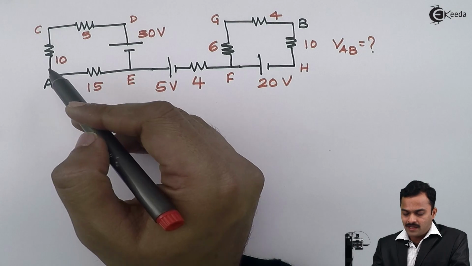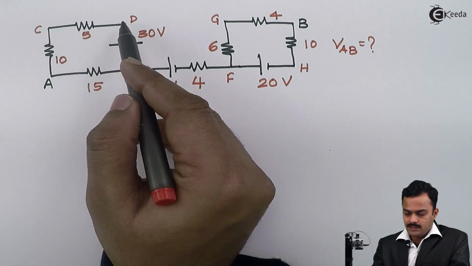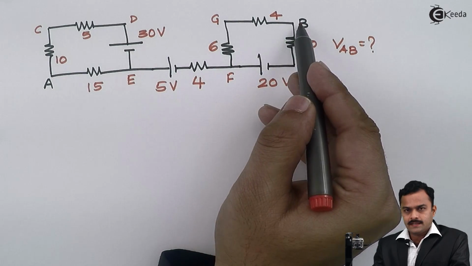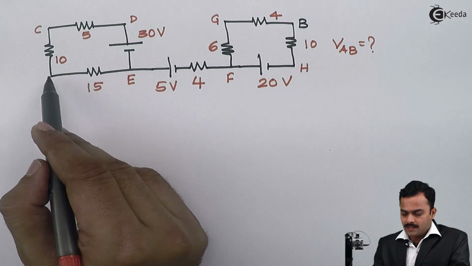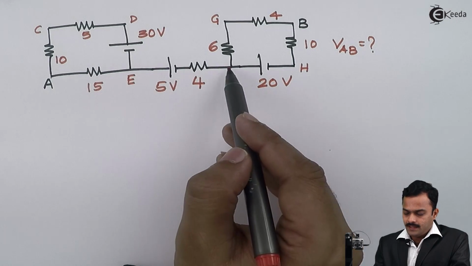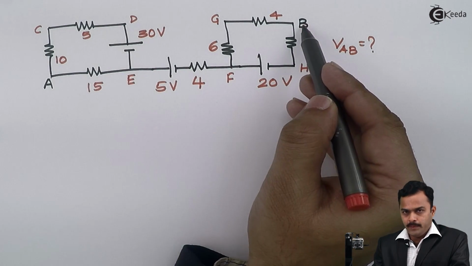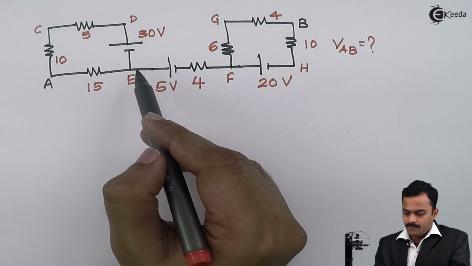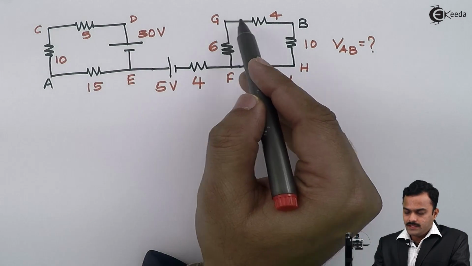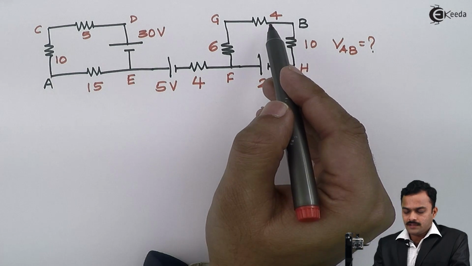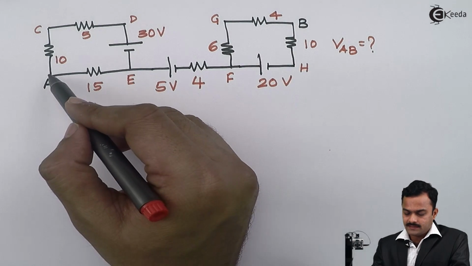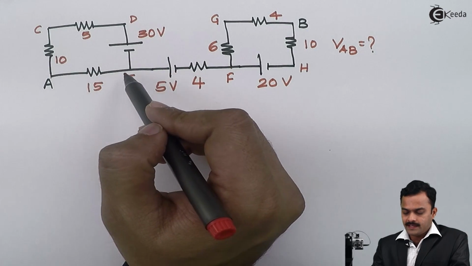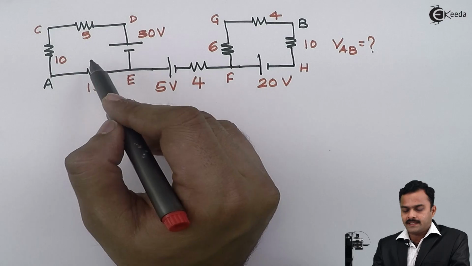So I can have the path like this: A, C, D, E, F, G, B, or a path A, E, F, H, B, or else A, E, F, G, B. But I cannot take a path like this, for example, A, C, D, E, and then again A, because the loop is getting completed.